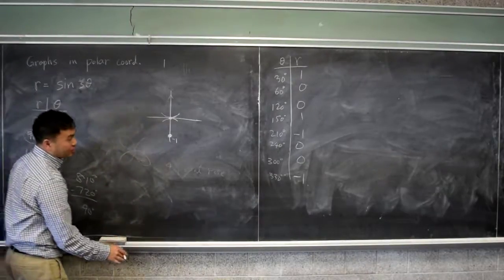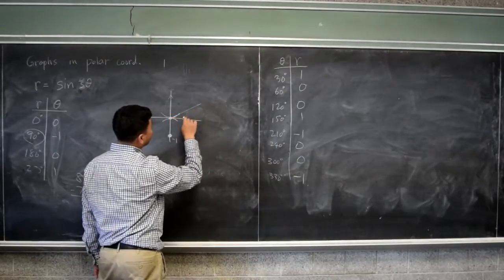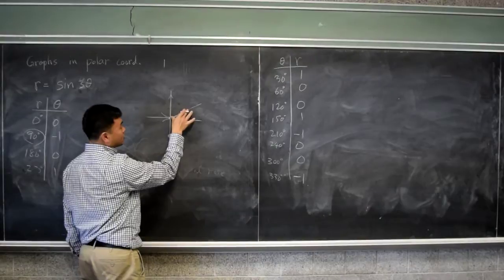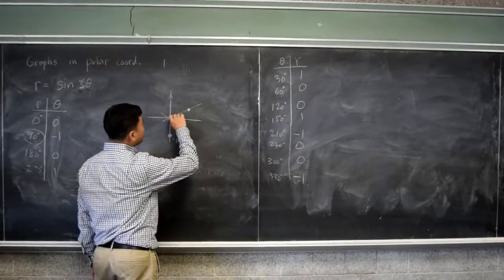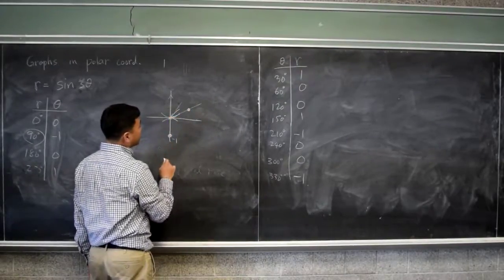All right, so we have more data now. Let's see if that helps. At 30 degrees, we said this is 1, so it's 1 step here. At 60 degrees it's 0, so it has to go down here.